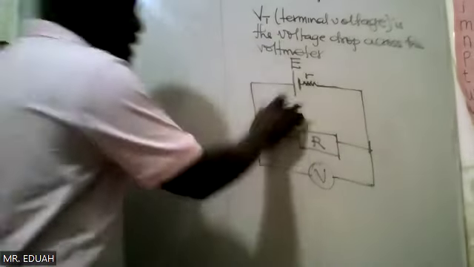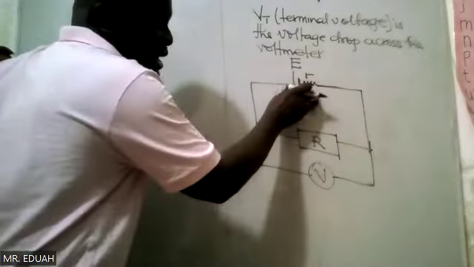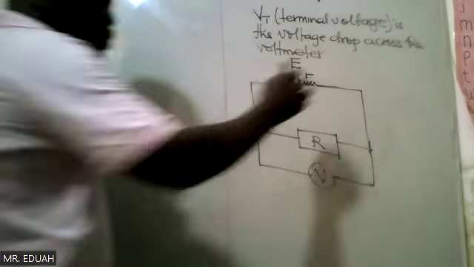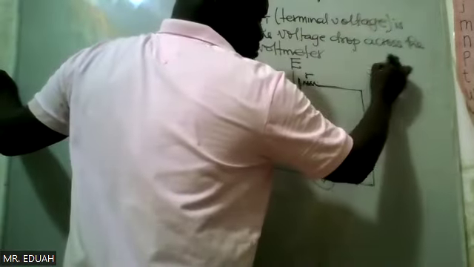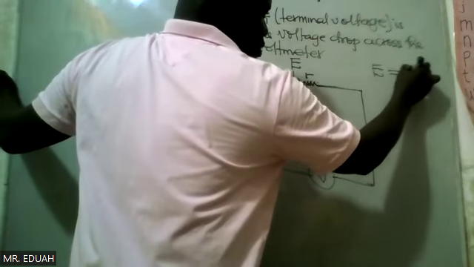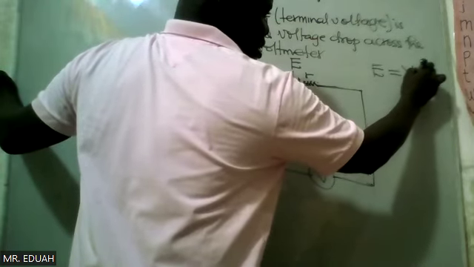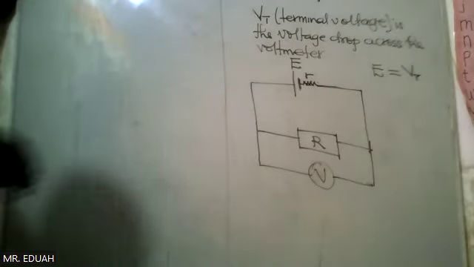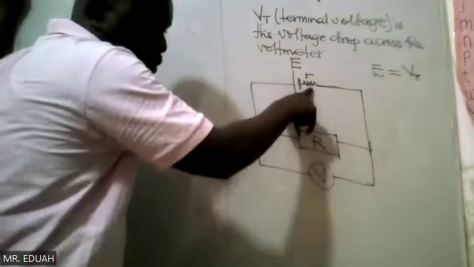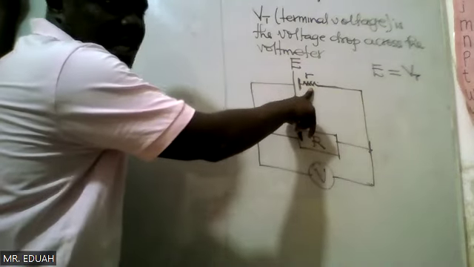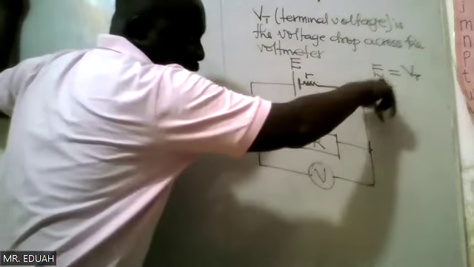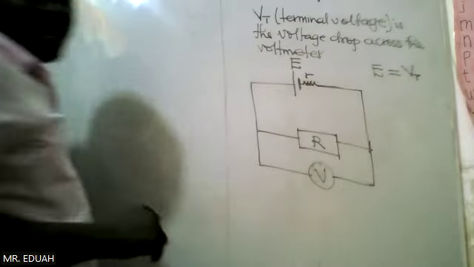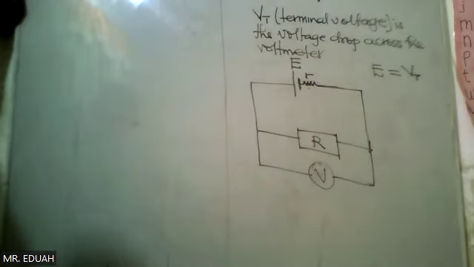So the difference is that earlier we had the voltmeter connected to only the battery, and we got the EMF being equal to the terminal voltage, or the voltage across the voltmeter. This applies even when there is an internal resistance.